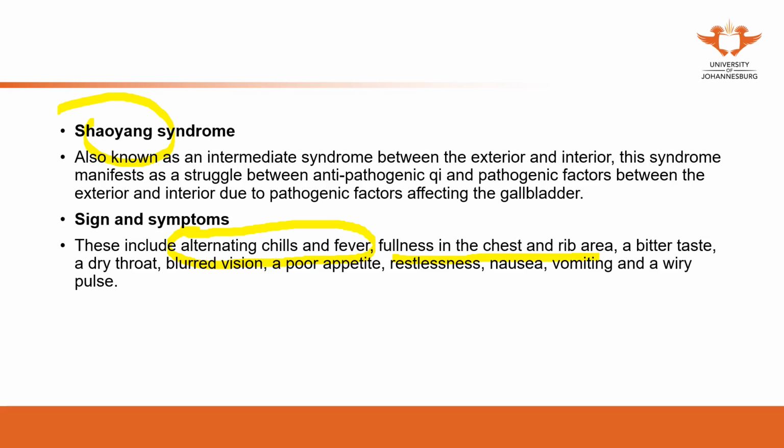Other manifestations are fullness in the chest, bitter taste in the mouth, dry throat, blurred vision, poor appetite, restlessness, nausea, and vomiting. So these are all Shaoyang syndrome. What's the reason? How do we analyze these manifestations?